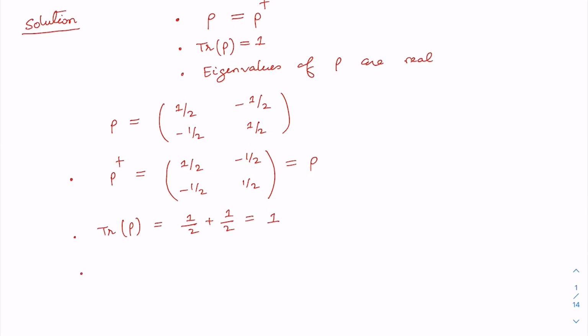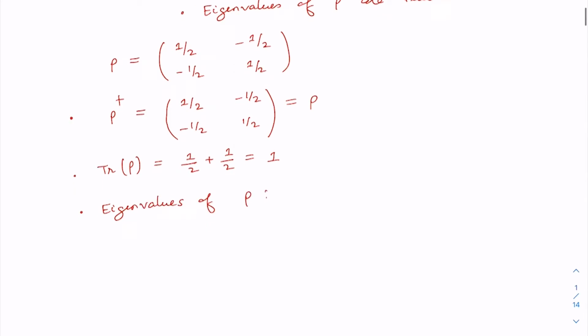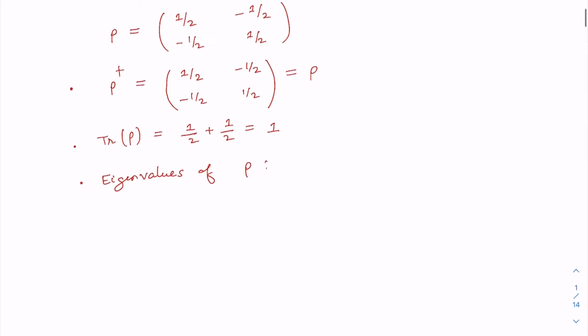Now let us find out the eigenvalues of rho. To find them, we have to set up the characteristic equation. That would be determinant of half minus lambda, minus half, minus half, half minus lambda, equal to 0.